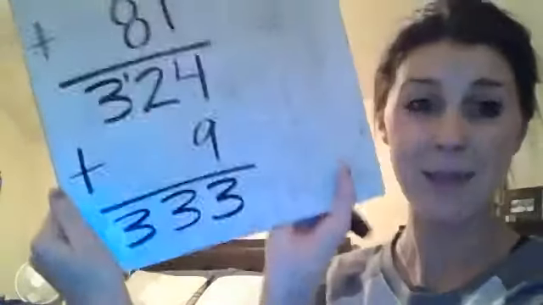Carry over your 1. 2 plus 1 is what? 3. And then bring down your 3. Is that my answer? Did I use every bit of information that I had in that problem? Yes. Okay. So our answer was 333.